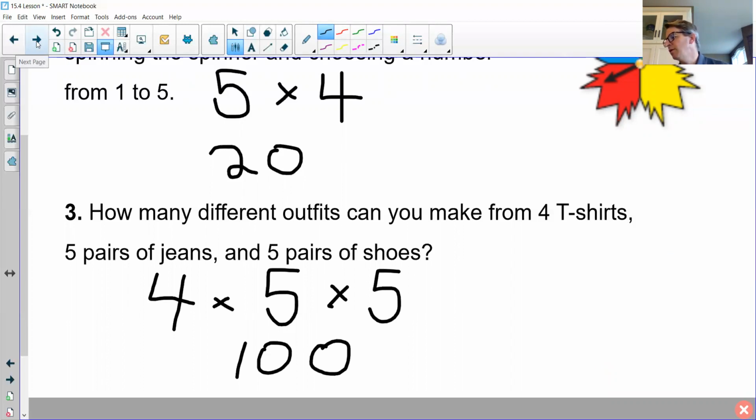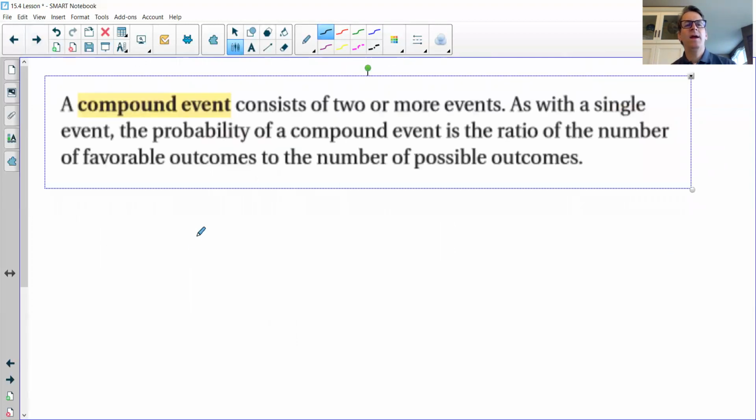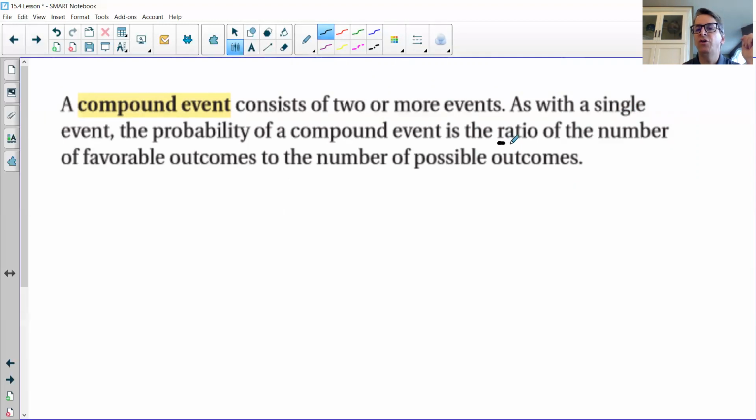All right, now we're going to get to the compound event. We have 2 more examples today, and then I'm going to cut you loose on your assignment. A compound event consists of 2 or more events. As with a single event, the probability of a compound event is the ratio of the number of favorable outcomes to the number of possible outcomes.